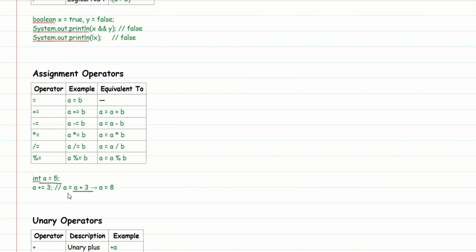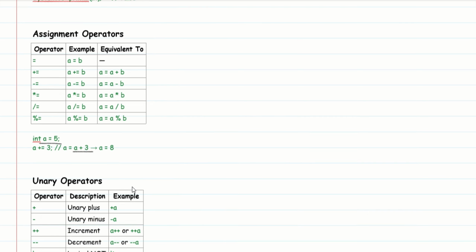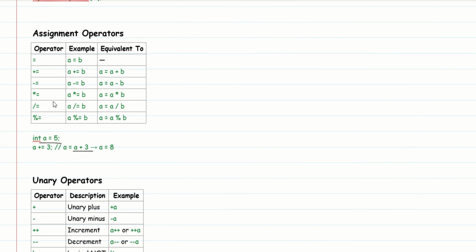Here you can see a equals a plus 3, that is 8. And if you give a minus equals 3, then 5 minus 3 will be 2. Same goes for the others, like multiplying the value and assigning it to the same variable.